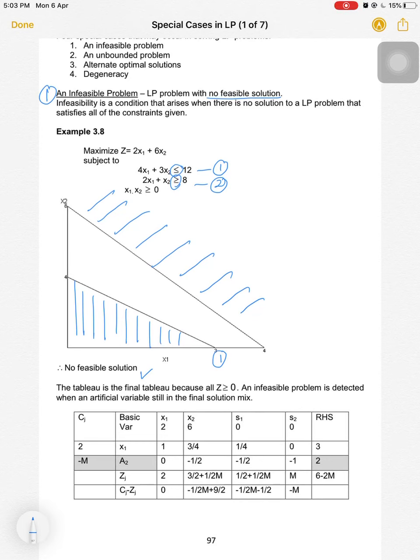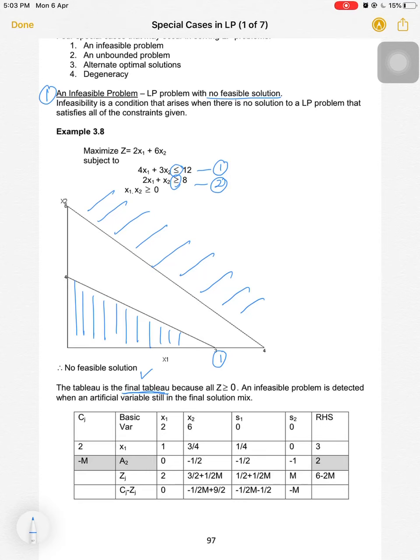Okay. Next, for simplex solution, an infeasible problem exists when the final tableau, okay, so this is the final tableau. Why we say that this is final tableau?